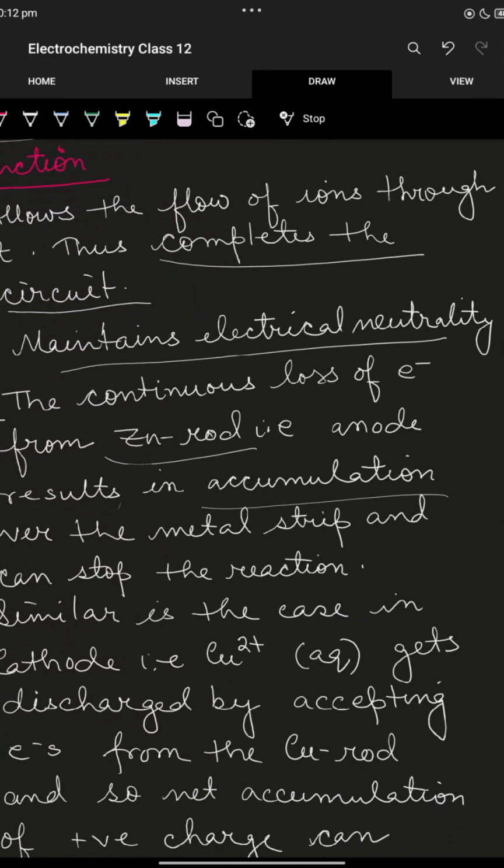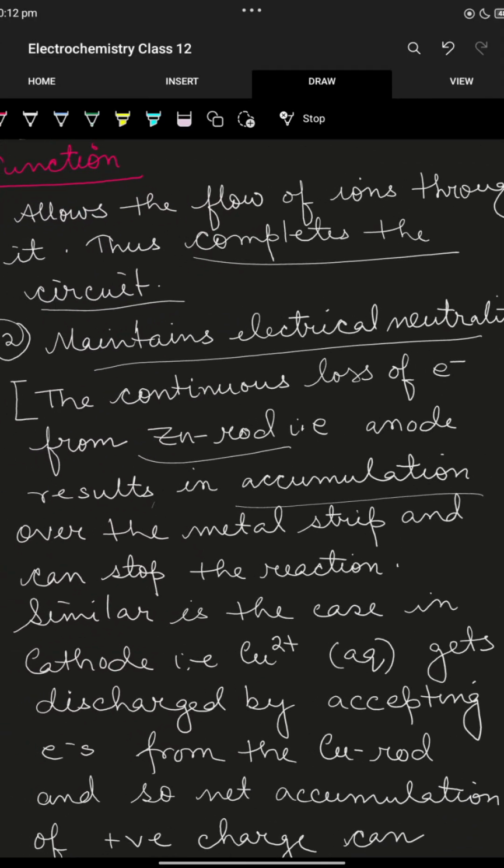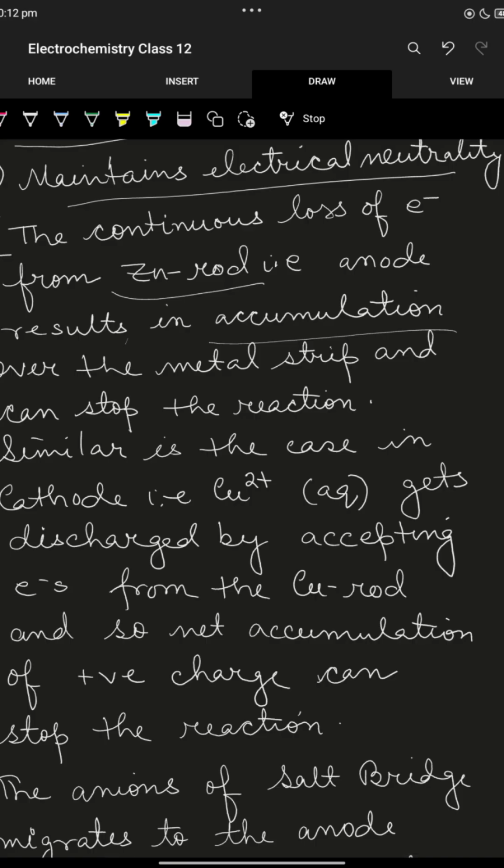You can see it maintains electrical neutrality. The continuous loss of electrons from the zinc rod, that is the anode, results in the accumulation over the metal strip and can stop the reaction. Accumulation means accumulation of Zn2+ near the metal strip, which actually means near the anode.